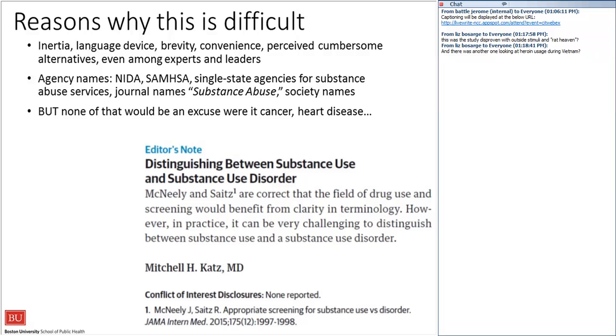I have to say I was stunned when we wrote a letter to the editor of a highly respected medical journal and pointed out that they had confused substance use and substance use disorder. And the editor of that journal responded by saying, well, of course we were correct, but that basically we ought to get over it because it can be very challenging to distinguish between substance use and substance use disorder.